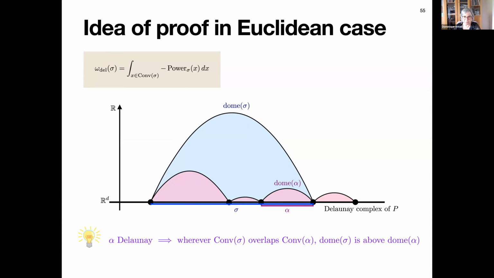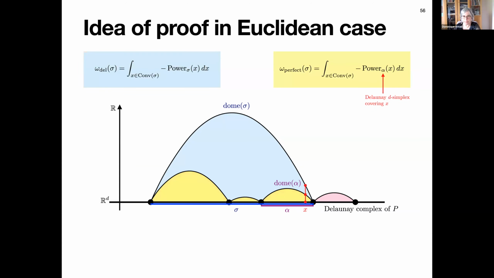And now, to any simplex sigma, not necessarily Delaunay, we can associate another weight, which we can call the perfect weight of sigma, which is obtained as follows.